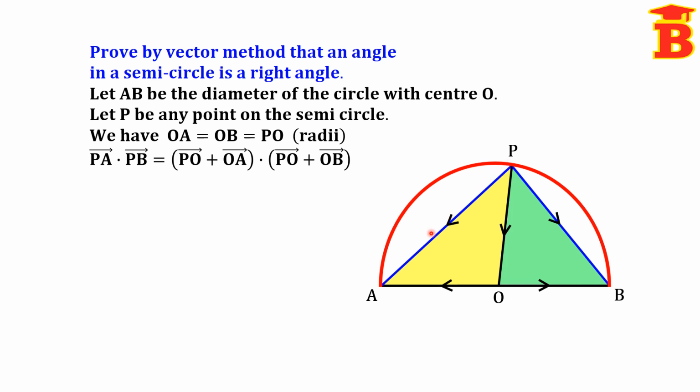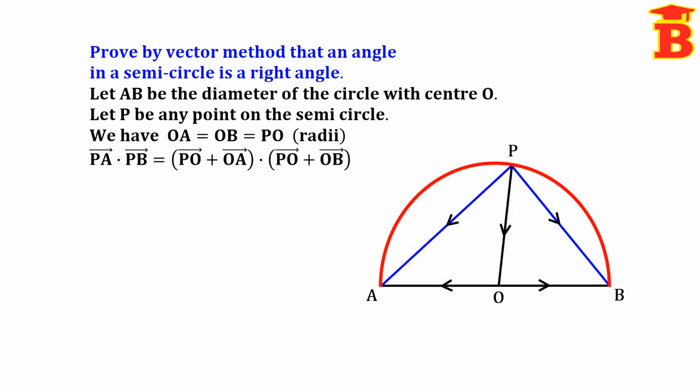Now this PA vector is using triangle of addition. Taking this triangle, we get PA vector equal to PO vector plus OA vector. Similarly, using triangle of addition, taking this triangle, PB vector is PO vector plus OB vector.